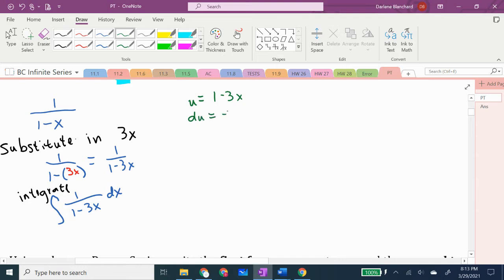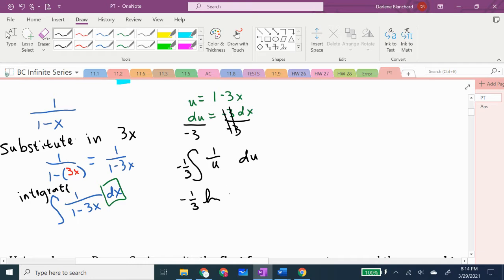Think about what that du is. And then I'm going to divide both sides by -3. And now I can see that I will be replacing my dx with -1/3 times du, and I can pull that out of the integral if I like, and then it's 1 over u.